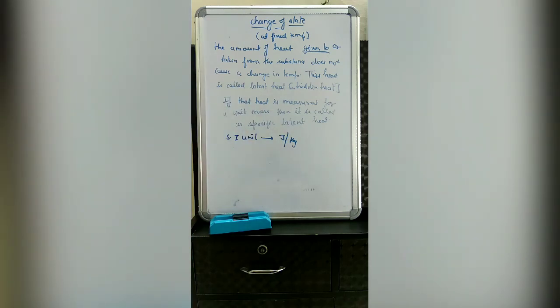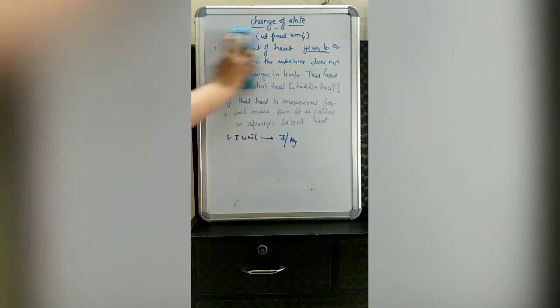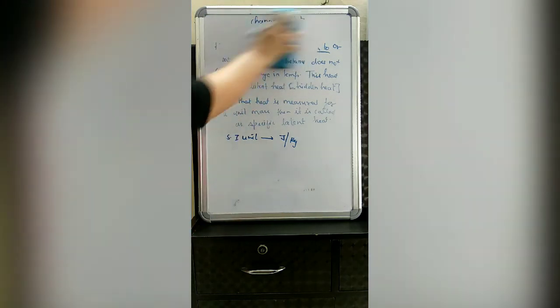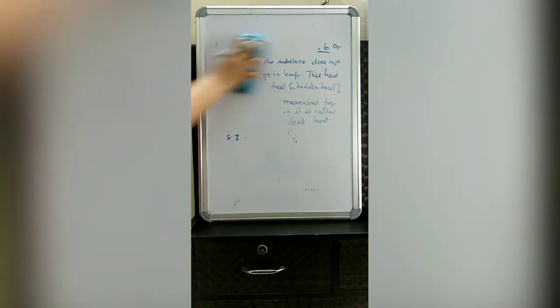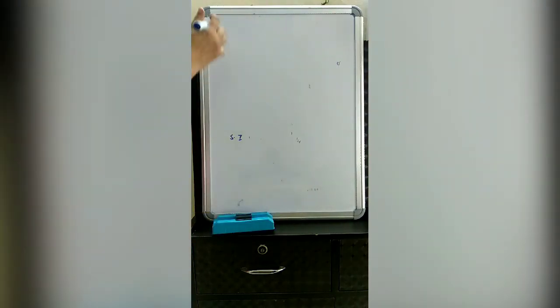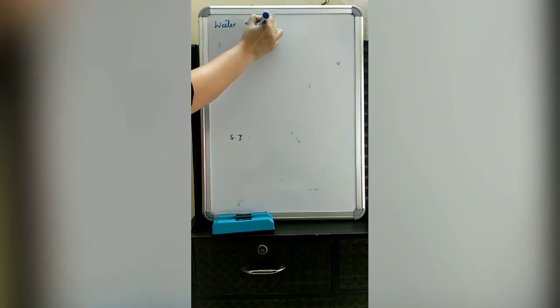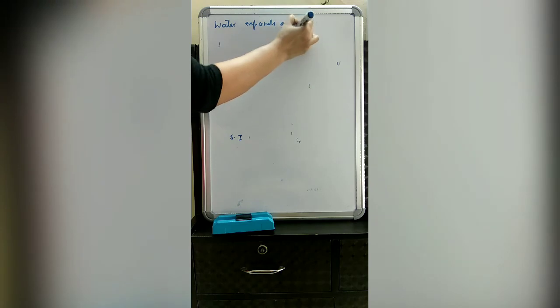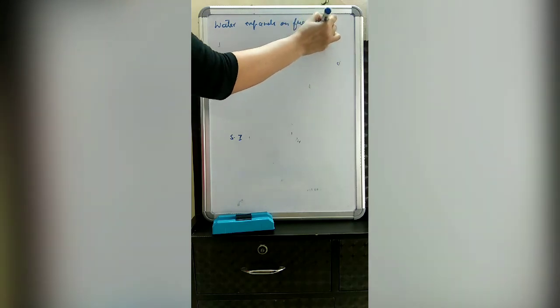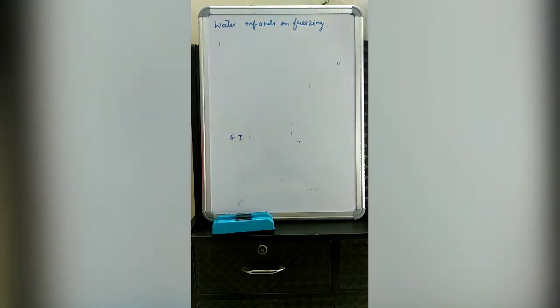Now we have to note down a few points, or you can say the conclusions regarding water and ice. So the points are: water expands on freezing. Generally this is the reverse of the case for other substances.